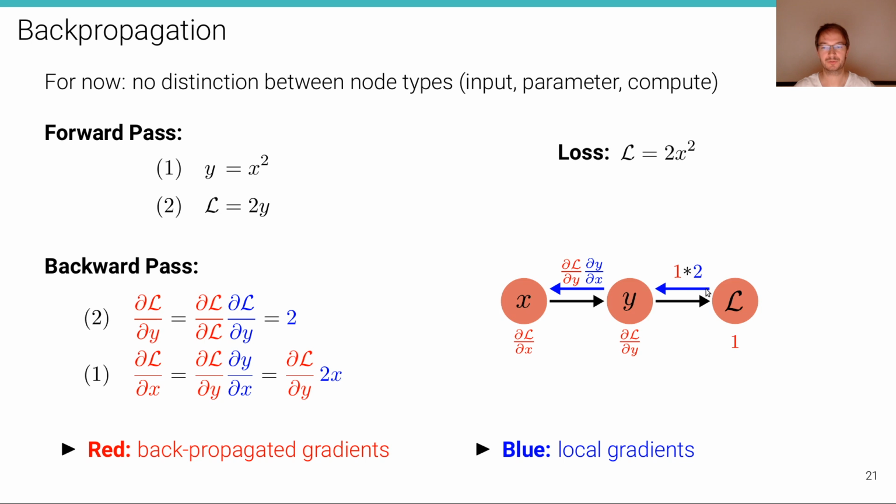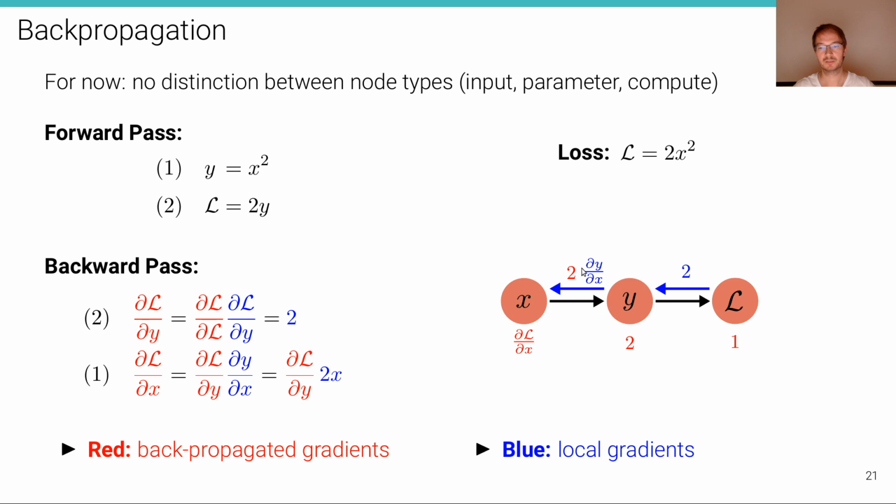And 1 times 2 is 2. So this gradient here, the gradient of L with respect to y, which is what we have calculated here, we have backpropagated it here. You can imagine these arrows backpropagating the gradient that they compute from the previous node and the local gradient to this location here. So we just copied it here.